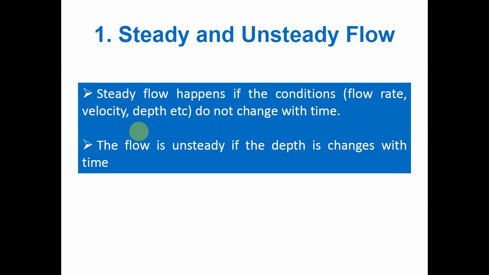So mathematically it can be written as dou y by dou t is equal to 0, dou v by dou t is equal to 0, dou Q by dou t is equal to 0, where y is the depth of the flow, v is the velocity of the flow and Q is the rate of the flow.